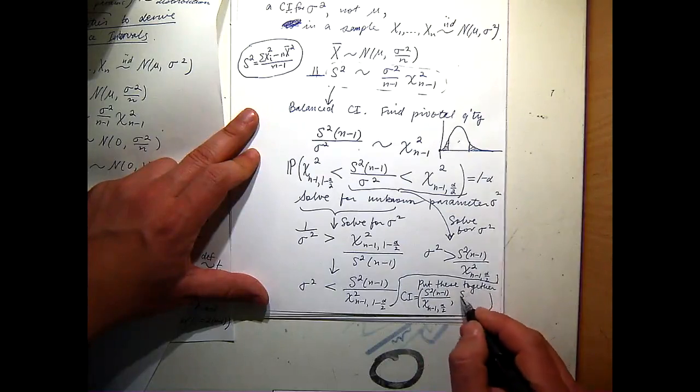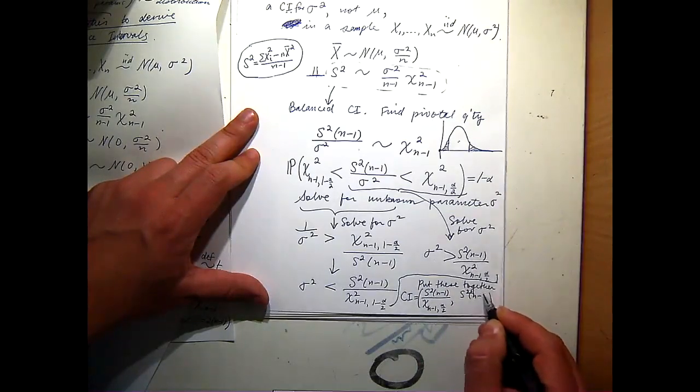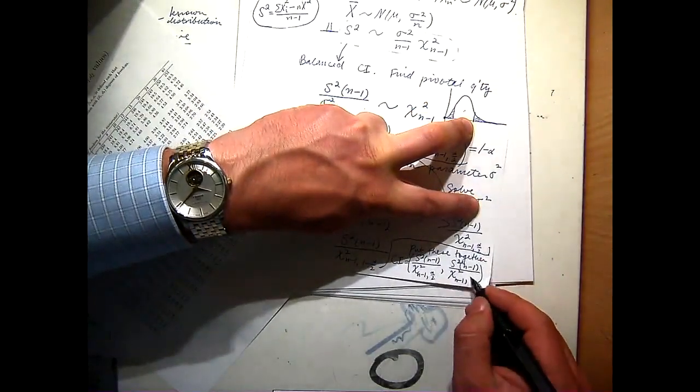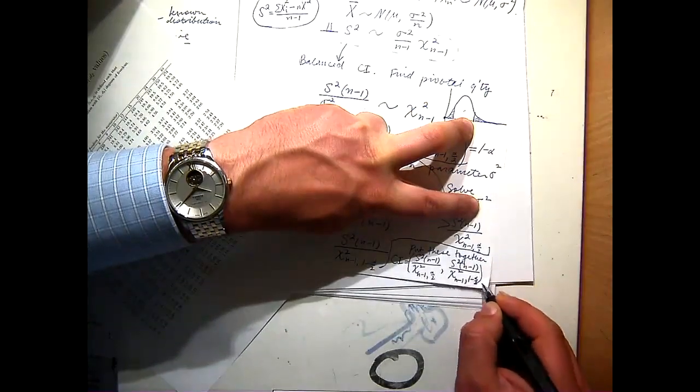And then the upper bound of the confidence interval is s squared (n minus 1) divided by the lower quantile, chi squared n minus 1, comma 1 minus alpha over 2.